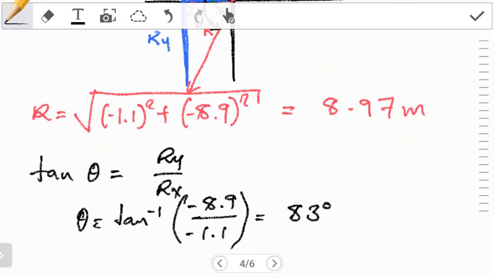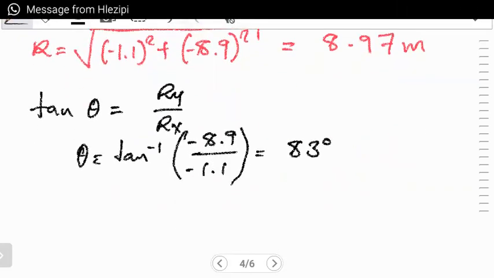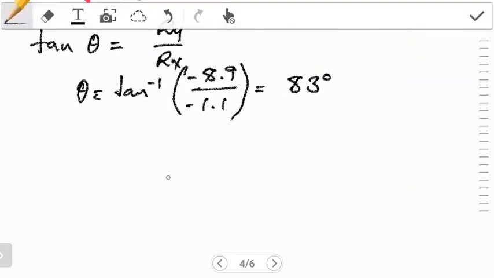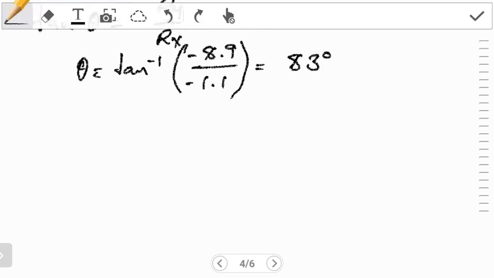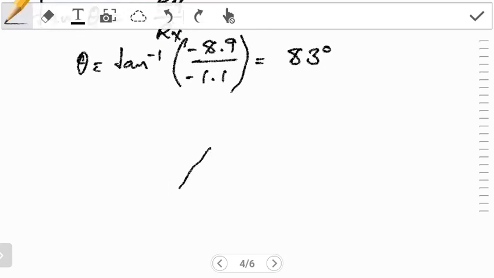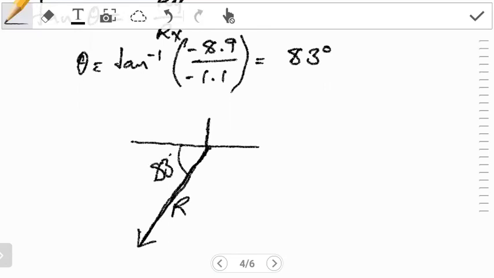Now, this angle, the 83 degrees we found, if I was to sketch it down somewhere here, it's this angle here. So if this is our vector r, what we found is this angle, 83 degrees.